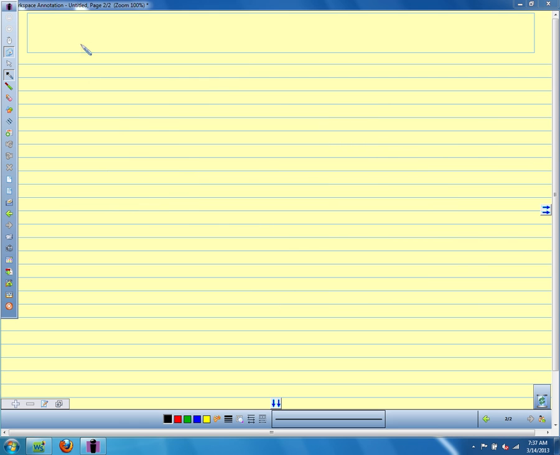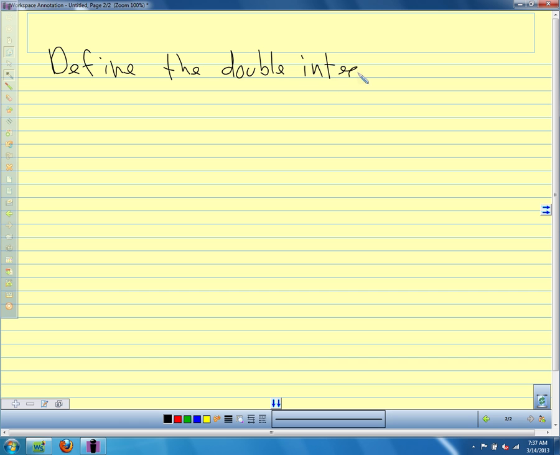So we're going to define, and we write this as the double integral over R of f of x, y, dA. So this is a double integral.